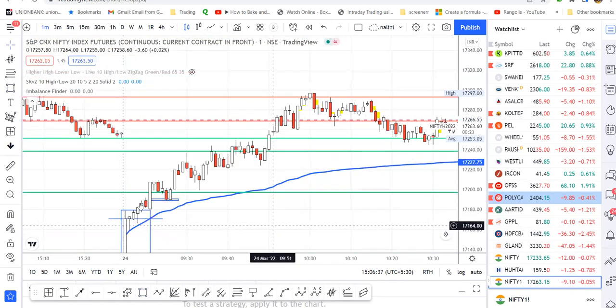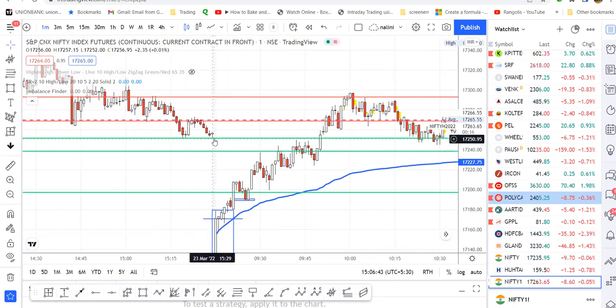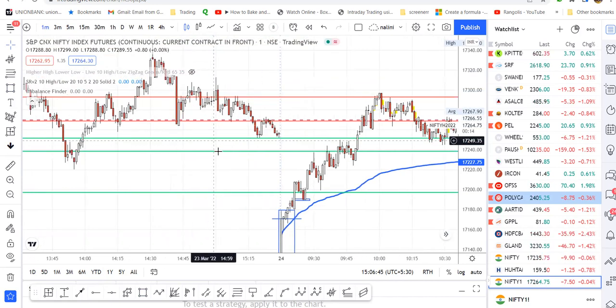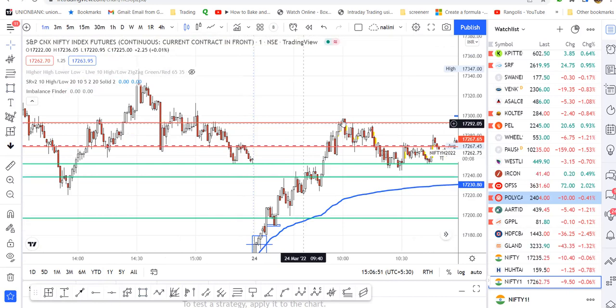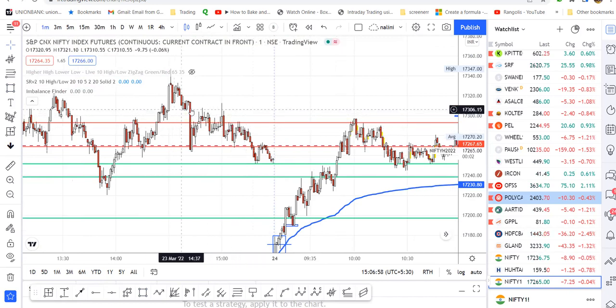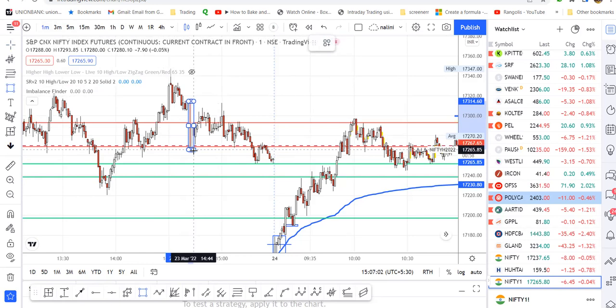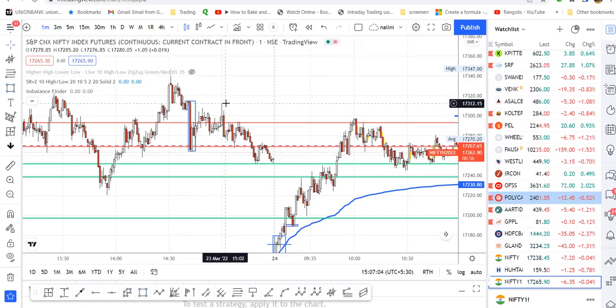This was a huge move to the level of 17,293. It filled the gap on the same day, and it traveled up to 17,296. And this is the area, you can see, this is a huge imbalance candle. But it has been mitigated.